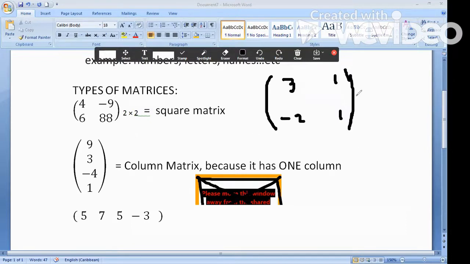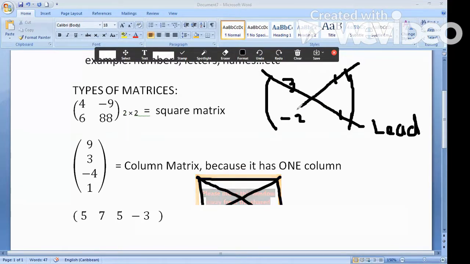A matrix also has diagonals. So these two numbers here are the leading diagonal, and the other set of numbers is called the non-leading diagonal.